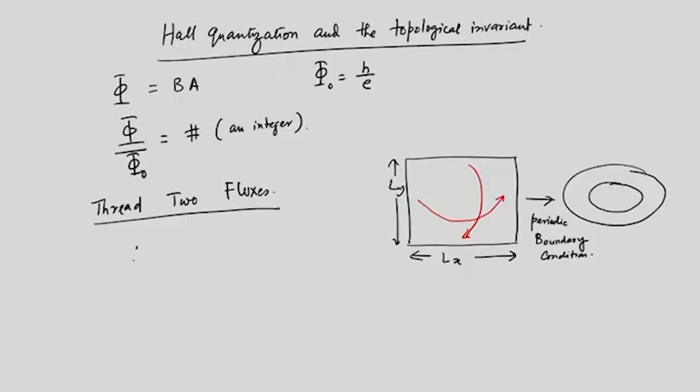We have Ax equal to phi x by Lx, and Ay equal to phi y by Ly. So, we have threaded two fluxes, and it looks as if there is a flux that is threading here.